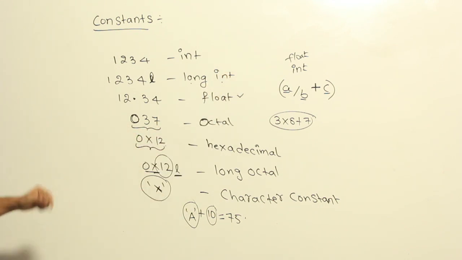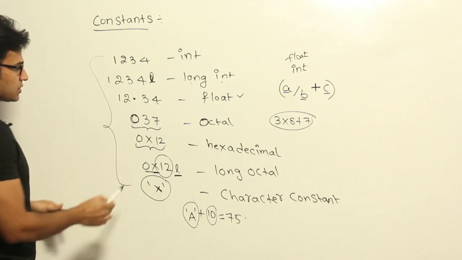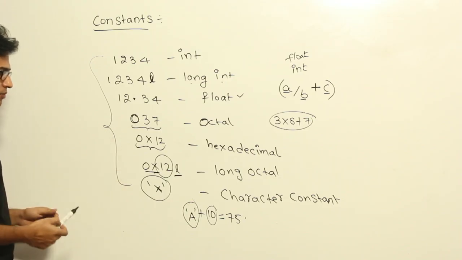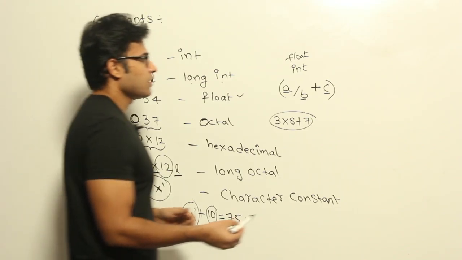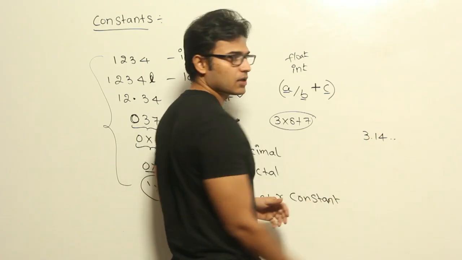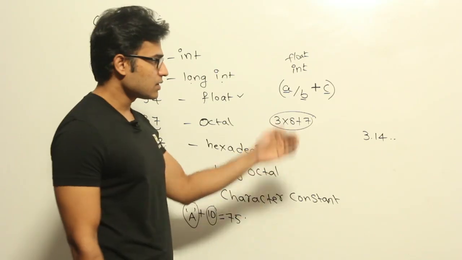Now the second thing is, if we have to save or store a constant somewhere. Let us say there is a number pi, and the value of pi is 3.14 something, and you are going to use it many times. Then it is better to save it somewhere and use it.